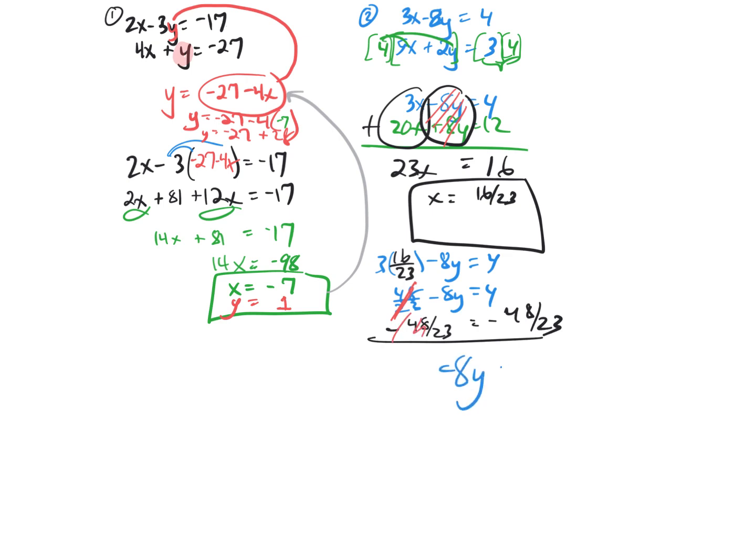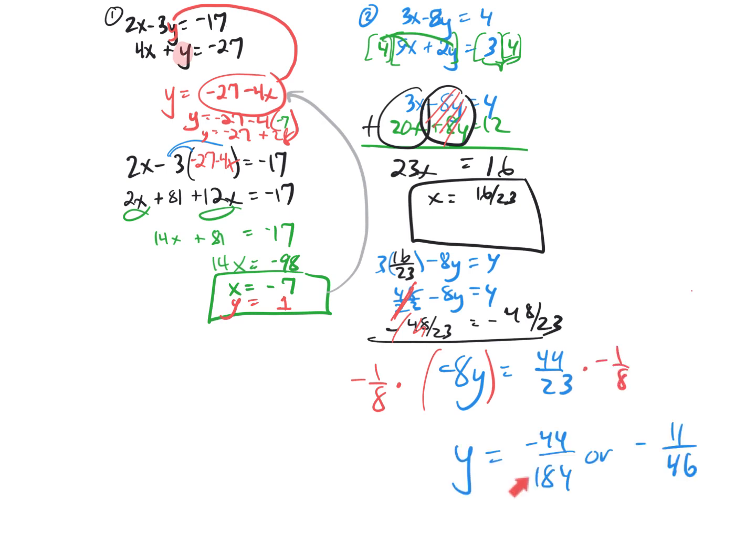And on the other side, we have 4 minus 48/23, which is 44/23. And then we'll divide both sides by a negative 8, or in other words, multiply both sides times negative 1/8. And we'll have our y value, negative 44/184, or negative 11/46.